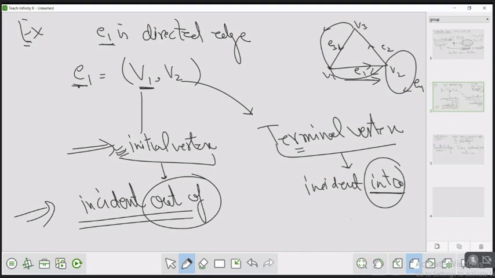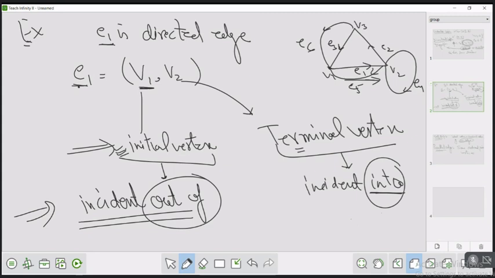Here is E4, this is E5, and it is E6. So tell me, are E3 and E6 parallel edges? Okay, here E3 and E6 are parallel edges, but E1 and E5 are not parallel edges.